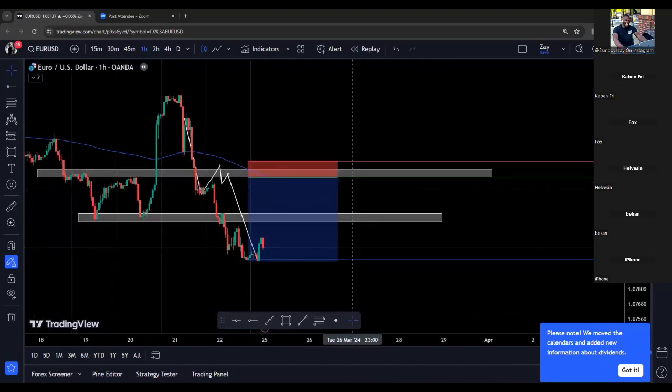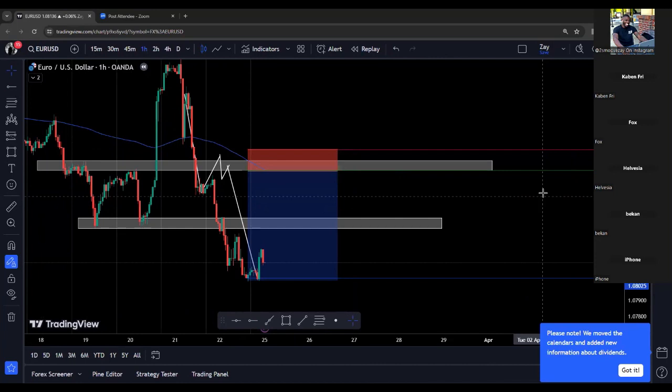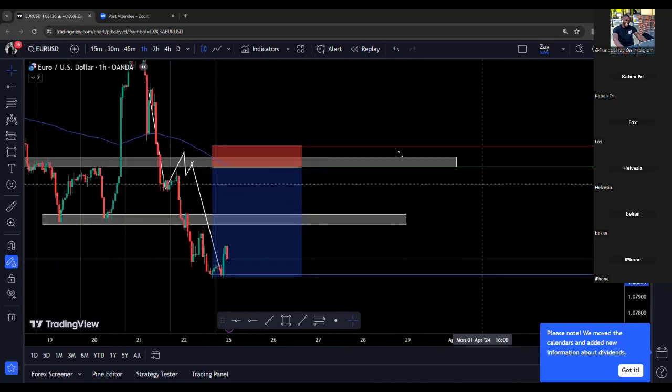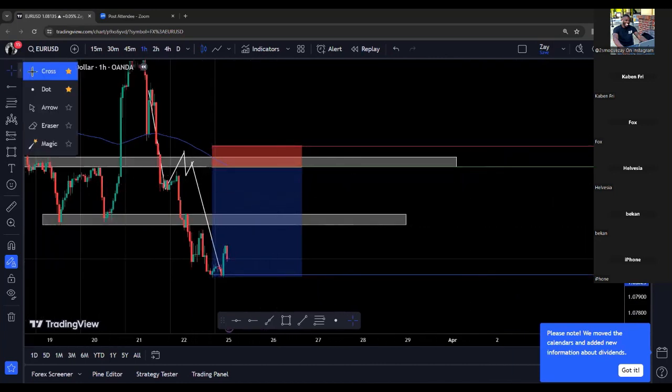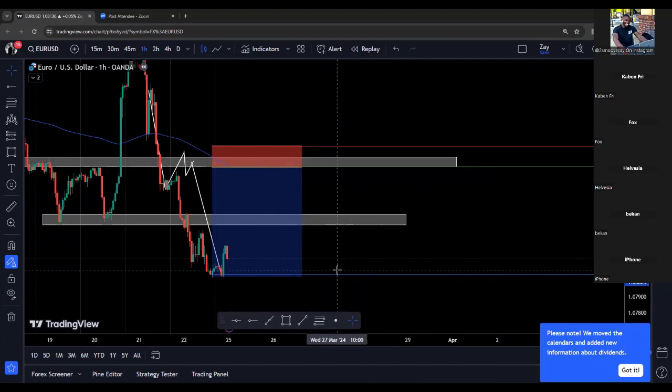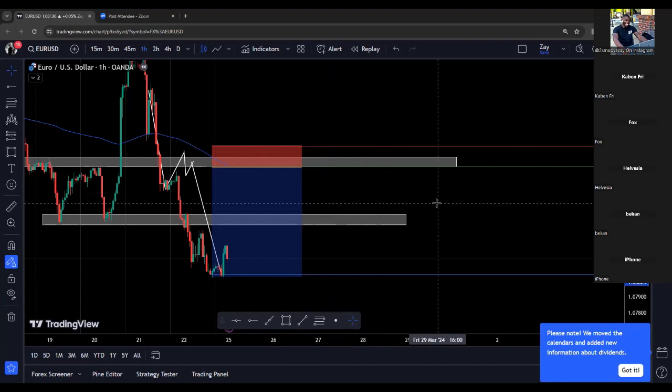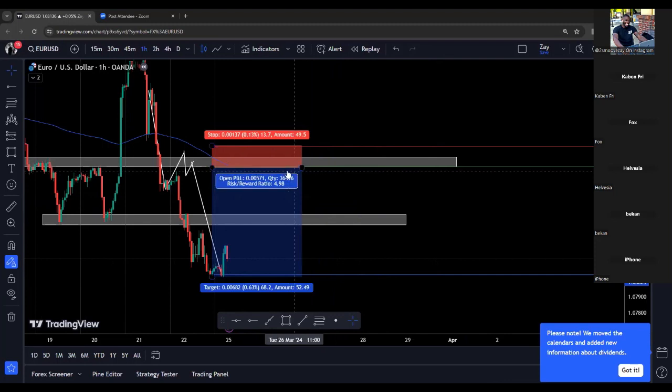As you can see, we have a red line, green line, and blue line. This is my stop loss, this is my entry, this is my take profit. If you have to do this every time you take a trade, by all means do it until you understand it.